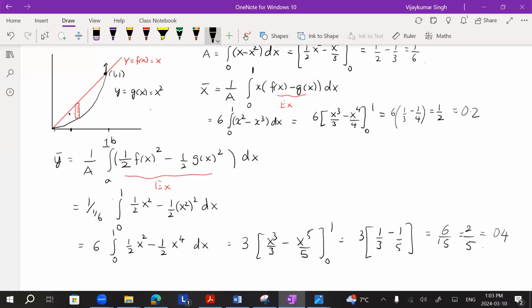Sorry, half is 0.5, my bad, not 0.2. My apologies. So it's going to be 0.5. So it's somewhere here, actually, which makes more sense from the physics perspective, right? So half here, 1 by 2, and then 0.4, which is somewhere. This is my x bar, y bar.